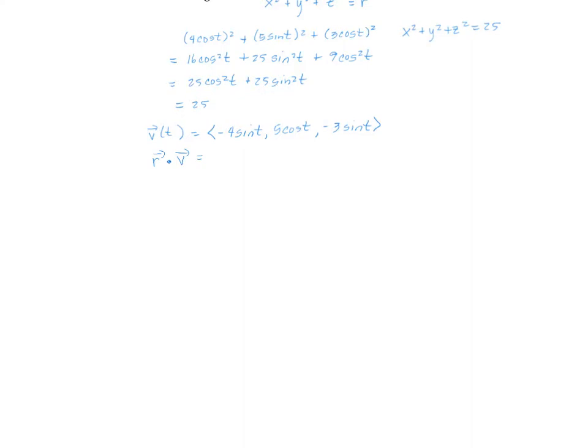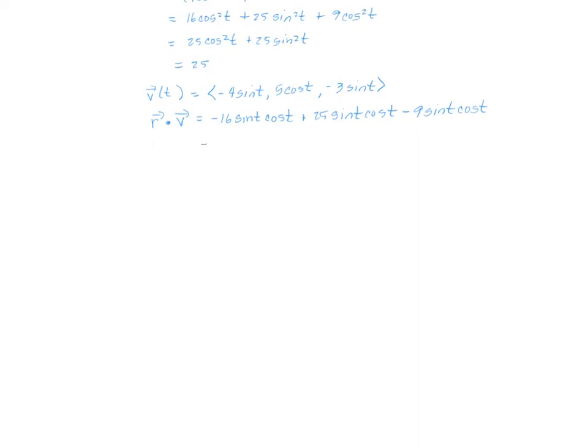So it's going to be a -16 sine cosine plus, we'll get a 25 sine cosine and then a -9 sine cosine. So notice these are all like terms. When I add them together, I get 0.